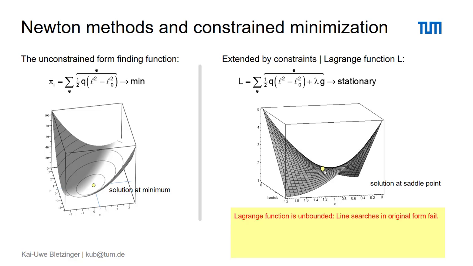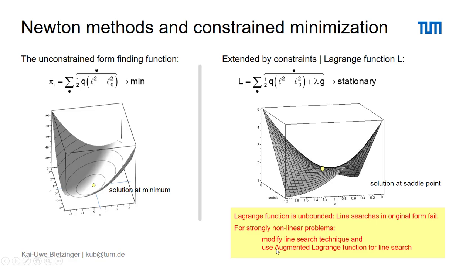And the problem now is if you add line searches to a saddle function, then it depends on the direction we follow in this line search. There does not exist a minimum anymore, and it just goes down, down, down. That means the line search may fail. And for strongly nonlinear problems, we have to modify the line search technique to guarantee that in the direction of the line search there really exists a minimum.